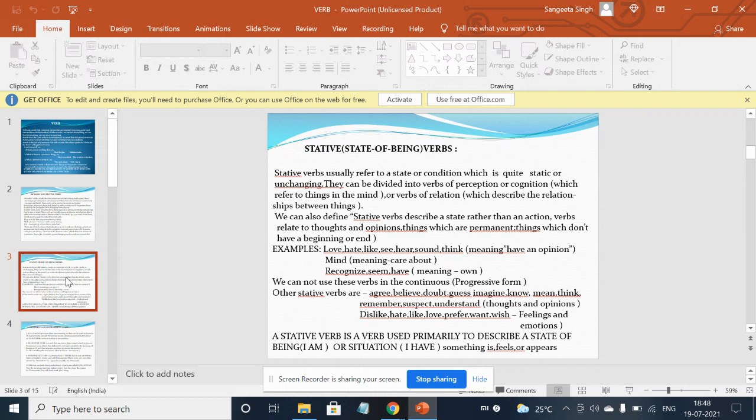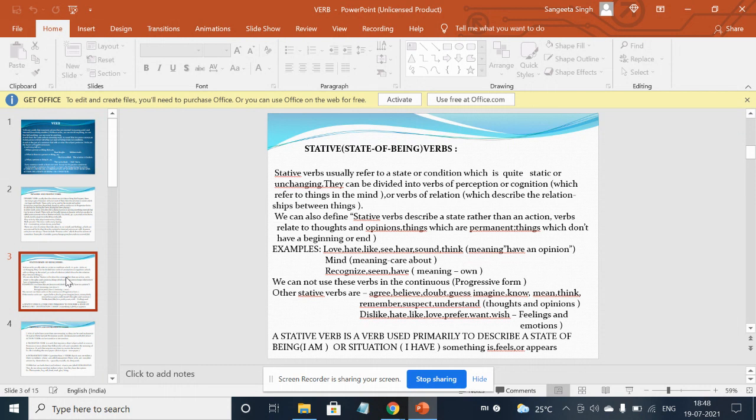Examples: love, hate, like, see, hear, sound, think, meaning have an opinion; mind, meaning care about; recognize, seem, have, meaning own. We cannot use these verbs in the continuous or progressive form, just opposite to dynamic verbs.